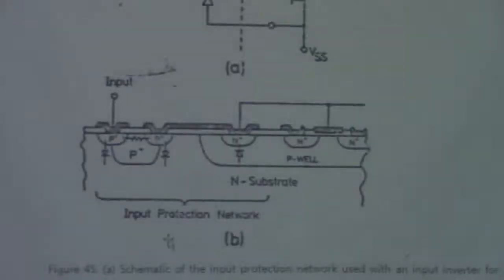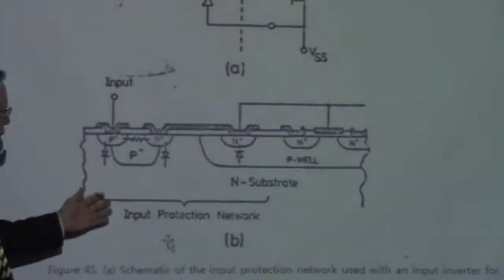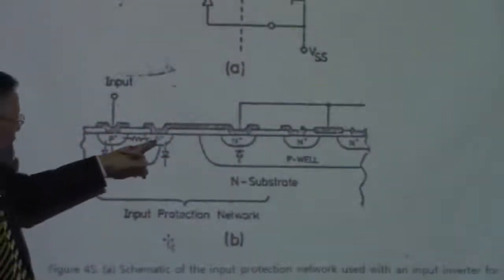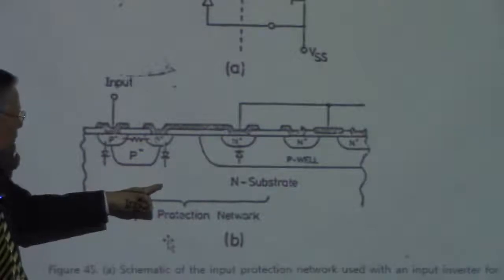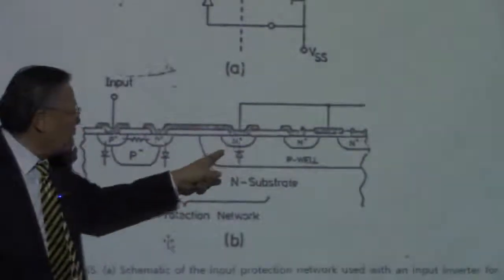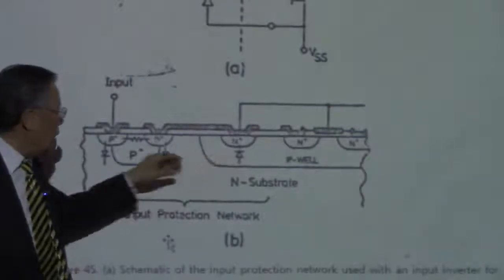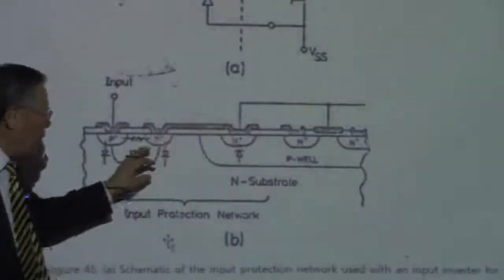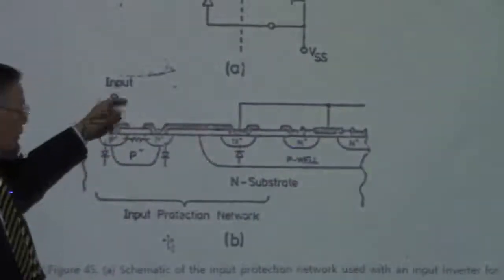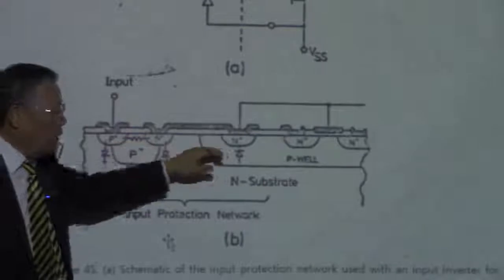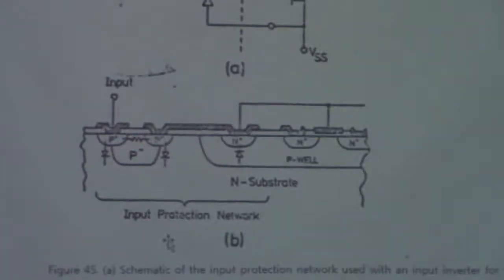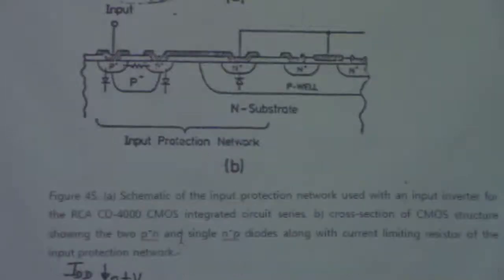And input protection overdrive. This is the input part of the network. You have a P-plus N-minus diode here, and an N-plus P-minus diode here. You have two diodes, and if somehow you have an overvoltage on this input, then one of the diodes is going to be triggered to have a large current.